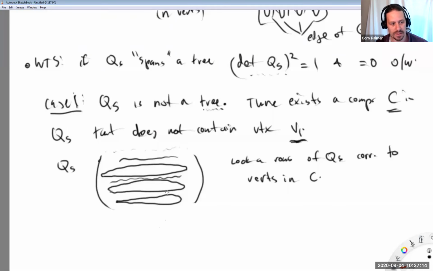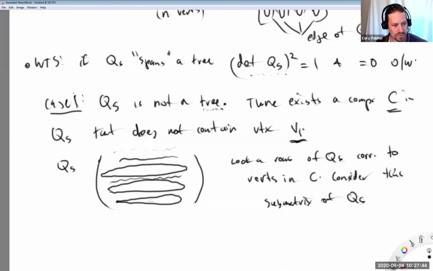Now let's look at the columns. I only want to consider these circled columns for a moment, and look at the submatrix of Q of S spanned by those rows.